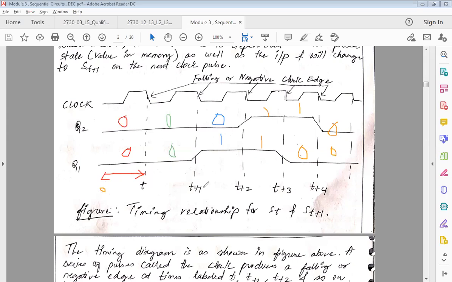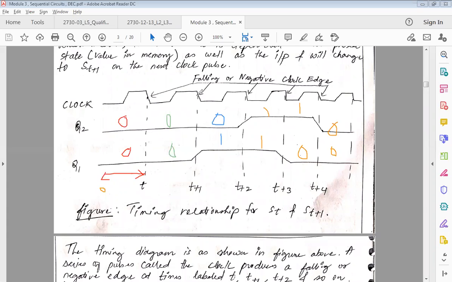From t to t plus 1, it's also 0, 0. And from t plus 3 to t plus 4, it is 1, 0. T plus 4 to the next state, which is going to be t plus 5, is also 0, 0. So this is how we understand the waveform. This is how we see at what instant of time data is changing.